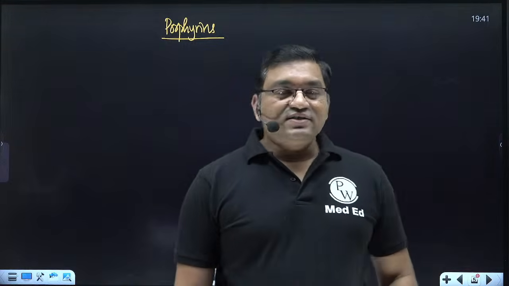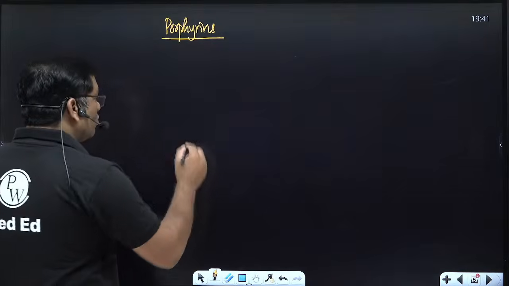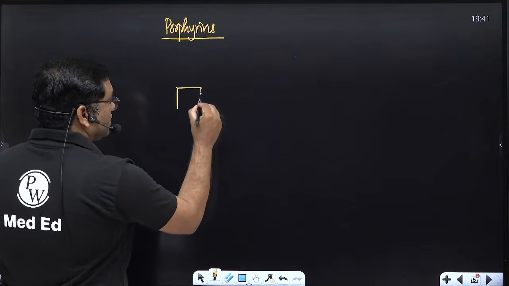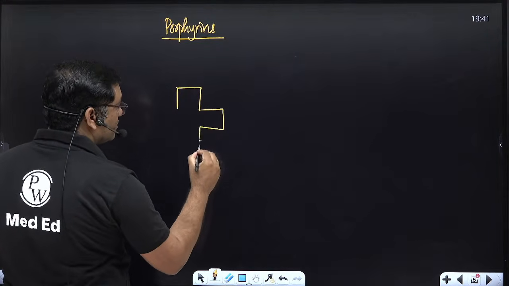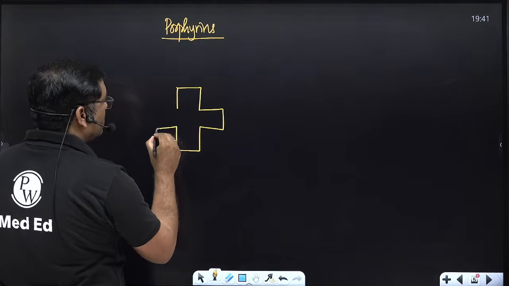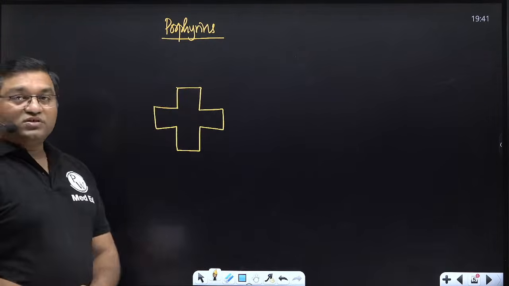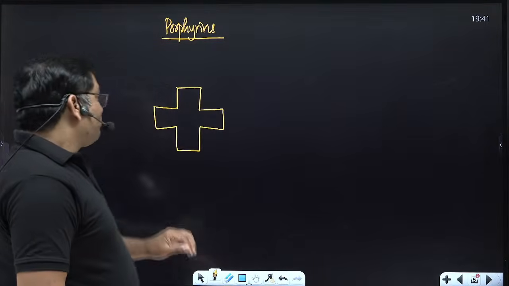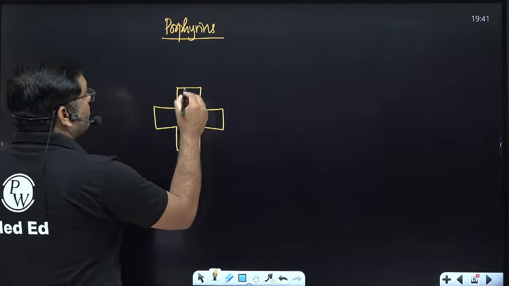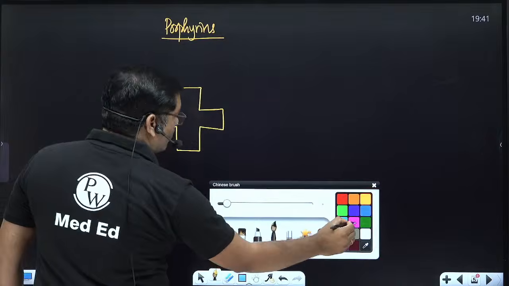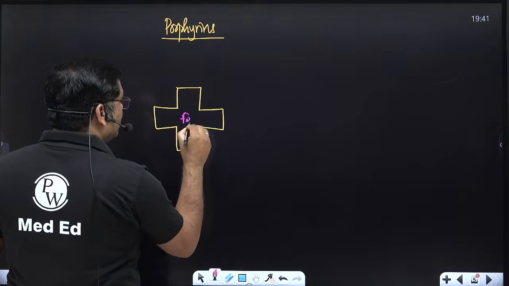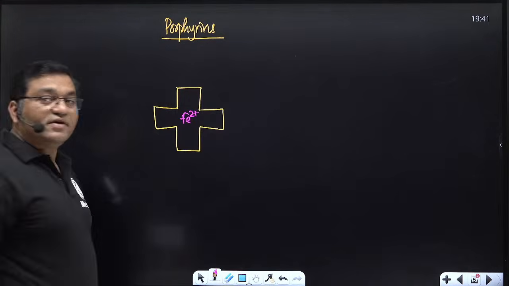So porphyrins, they are represented by the four closed brackets. See, these are the four closed brackets. So this is the simplified structure of the porphyrin, which is given by Hans Fischer. So now see, it is protoporphyrin 9 with iron at its center, iron in the ferrous state.